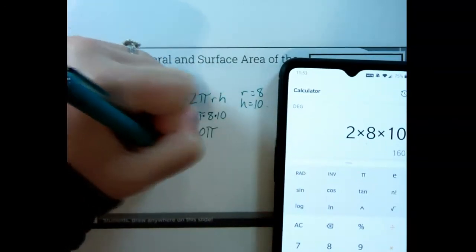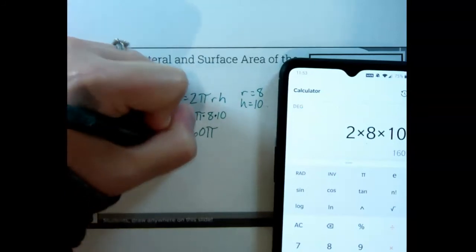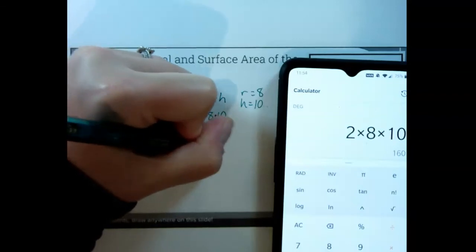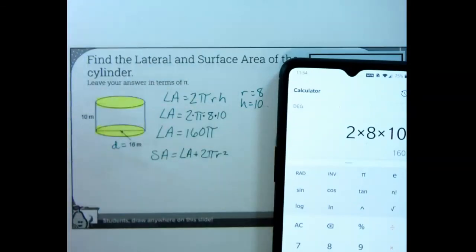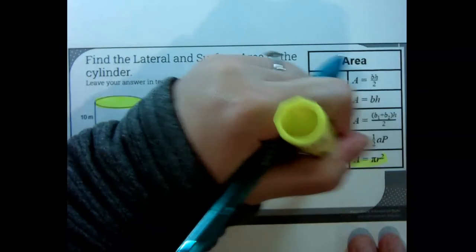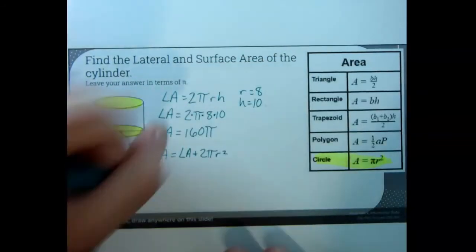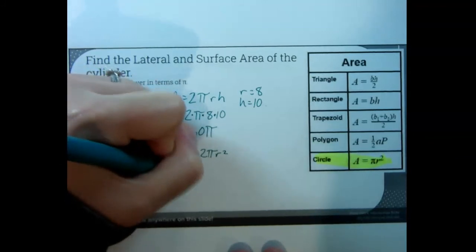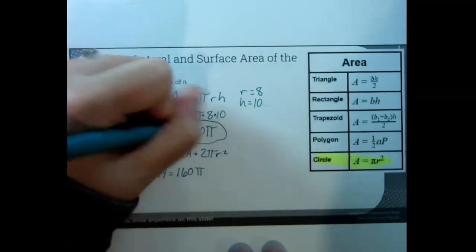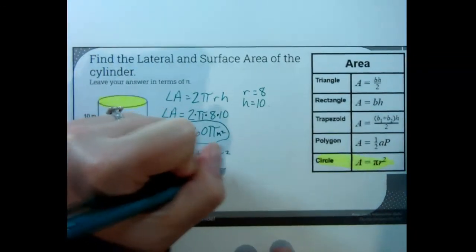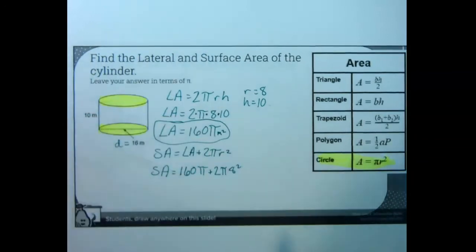My surface area, I'm actually going to write this a little bit different, as lateral area plus 2 times pi r squared, 2 areas of the bases. Surface area is going to be 160 pi, which I should probably circle, meters squared, plus 2 times pi times 8 squared.